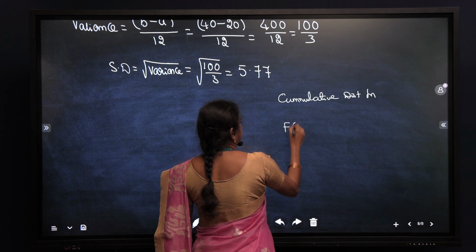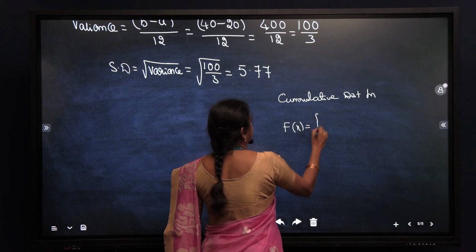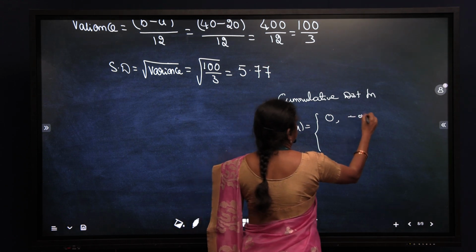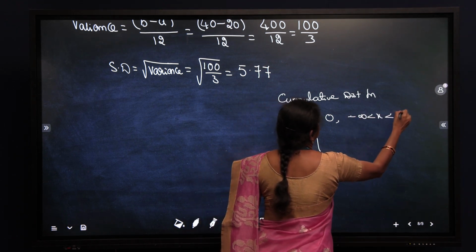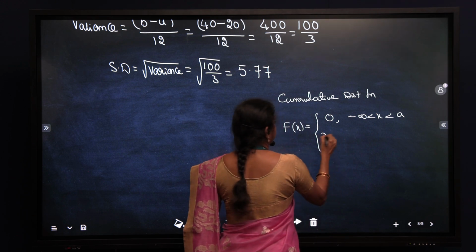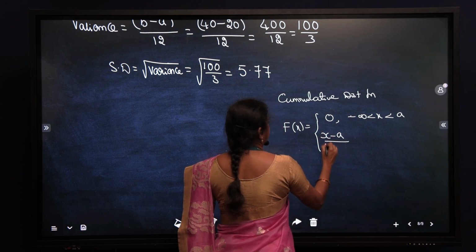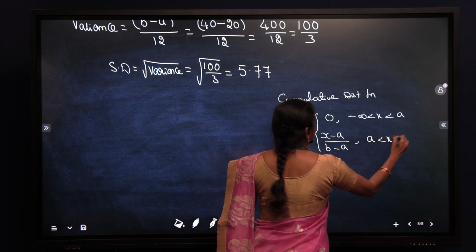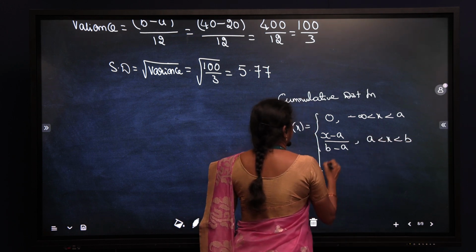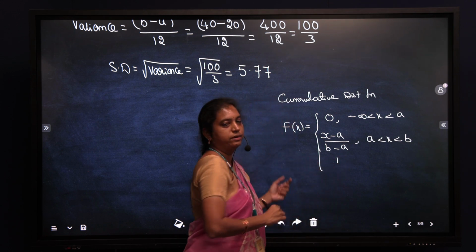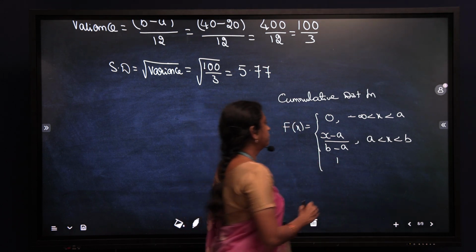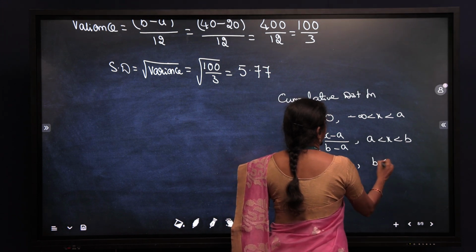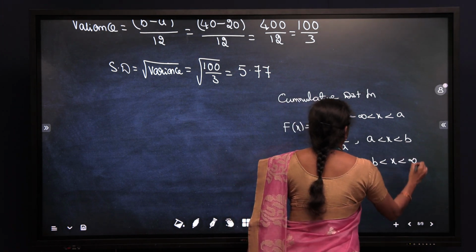Capital F of x is defined by 0 for minus infinity less than x less than a, and this is given by x minus a by b minus a between a less than x less than b. And like discussed in the previous videos when we discussed continuous random variable, when we write the cumulative distribution function, the last value will be 1, for b less than x less than infinity.